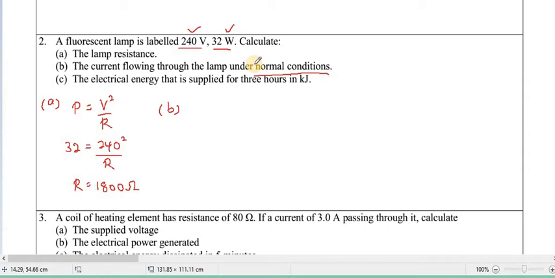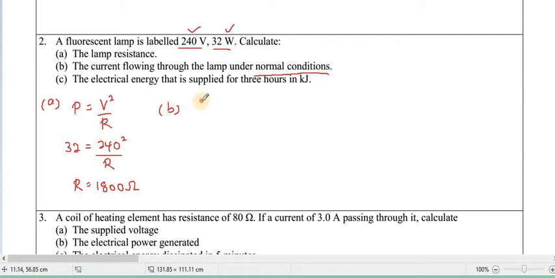All of these wordings are basically trying to tell you that you can use this information, 240 volt, 32 watt, to do your calculation. Understand or not?